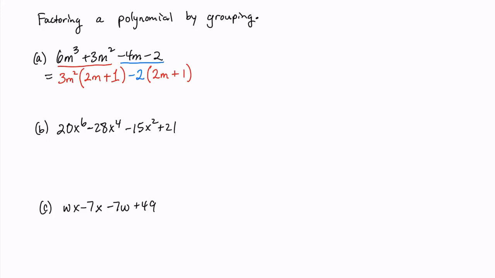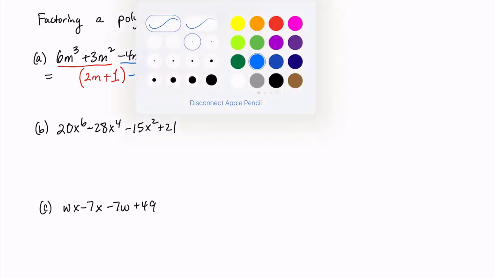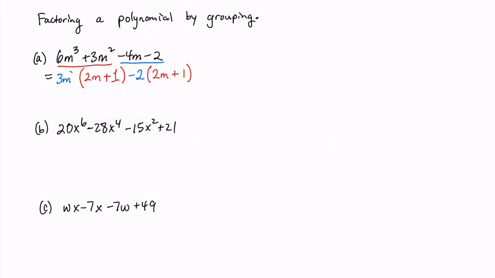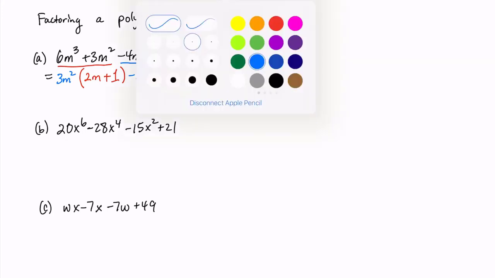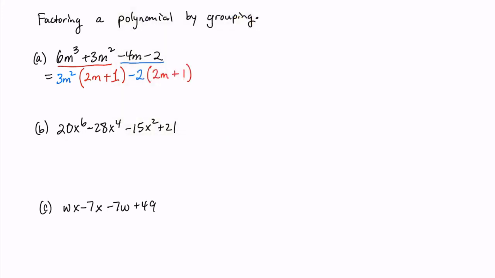Now, what do these two terms have in common? Why don't I change the coloring scheme here? Now, what do they have in common? They clearly have a factor called 2m plus 1. Sort of magical.